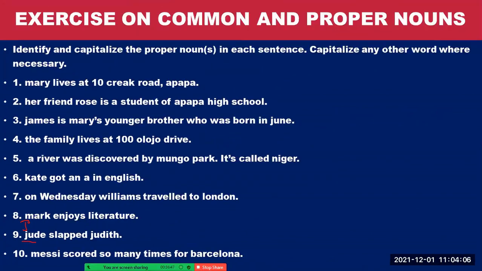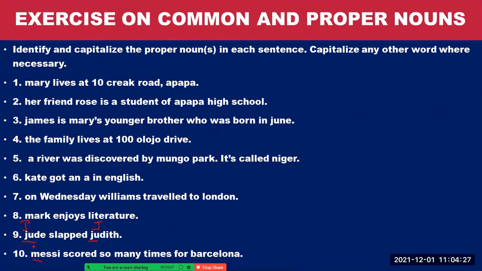All right, so please take notes of some of this. So Judith has to start with the capital letter J. Then number 10, Messi scored so many times for Barcelona.